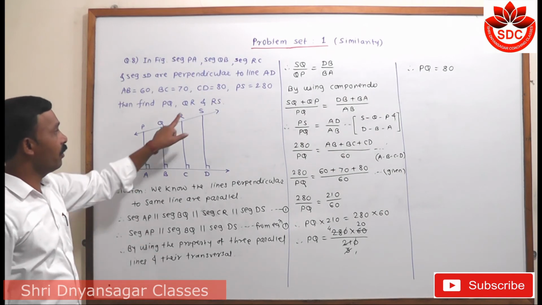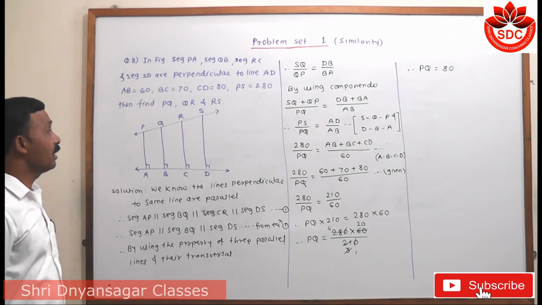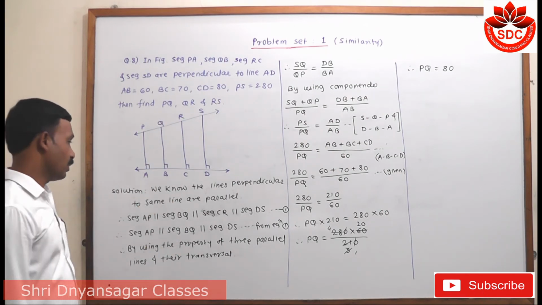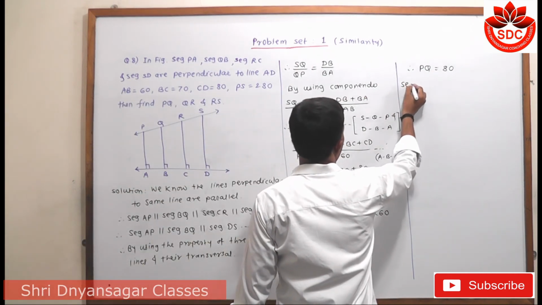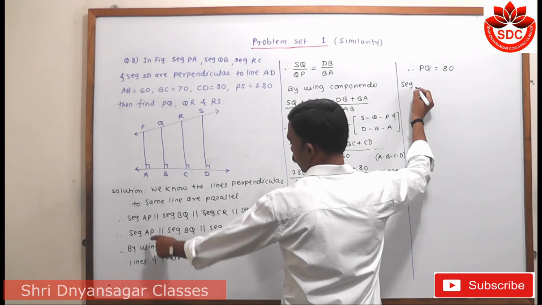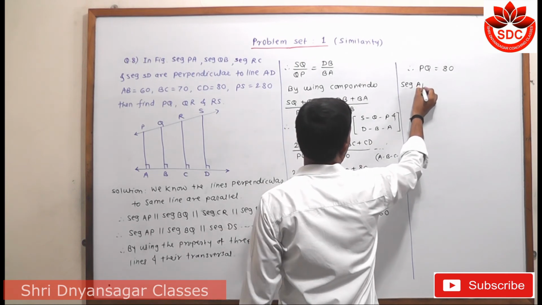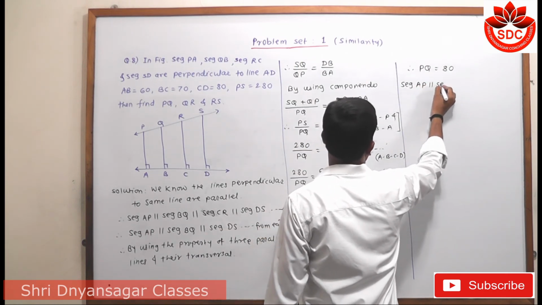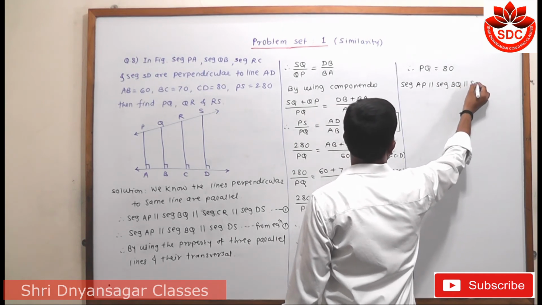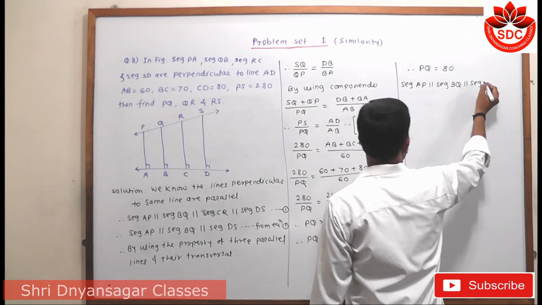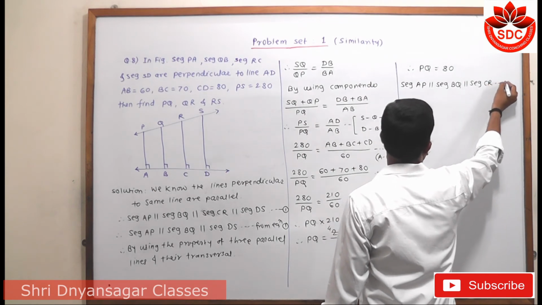Then for finding the value of QR, we take another 3 parallel lines. Look here. We take segment AP parallel to segment BQ parallel to segment CR.